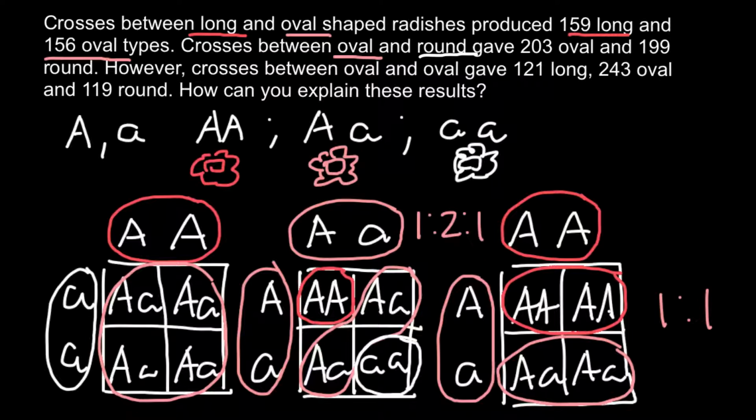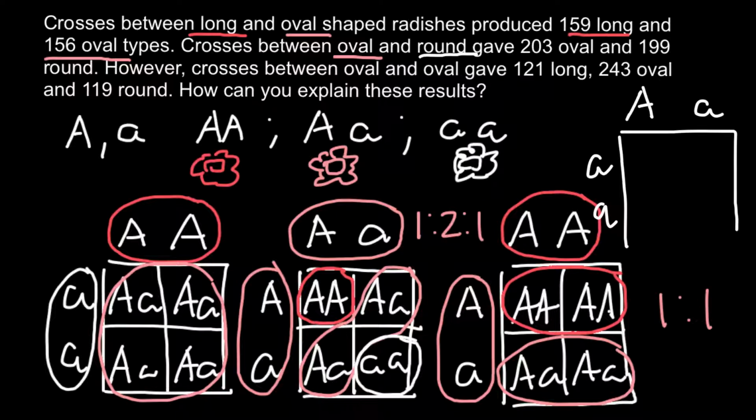We don't have such an example, so let's make one more Punnett square. So oval would be capital A and small a, and round would be small a, small a genotype.